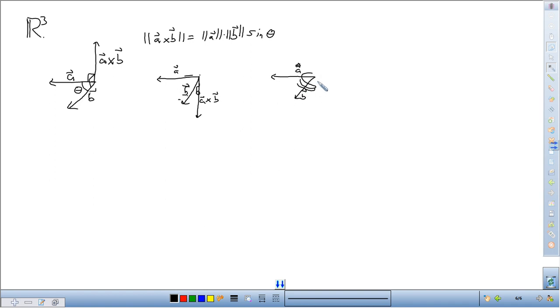This is my palm sticking out towards the direction of A. Take your right hand and look at it now. If you wrap it from A to B, your thumb sticks up, and that is the direction of the cross product. This is known as the right-hand rule, A cross B here.